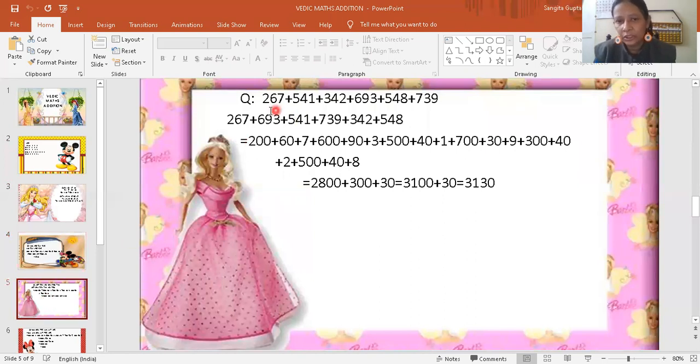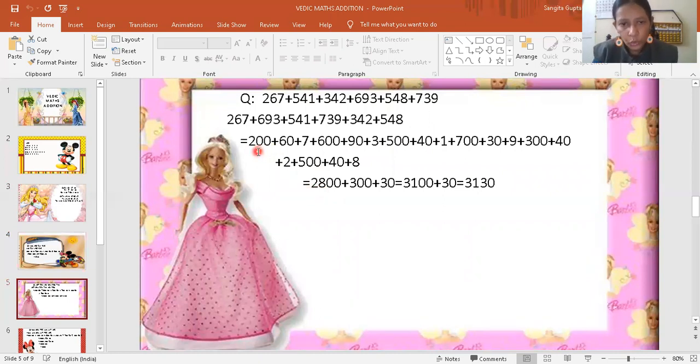Look at the next question. In this next question also, I'm not going to explain this line, as I have done the rearrangement here, as I have done in all earlier questions also. In the next line, you can see I have done the expansion here. Now this is the expansion. Now last, I'm going to add these.